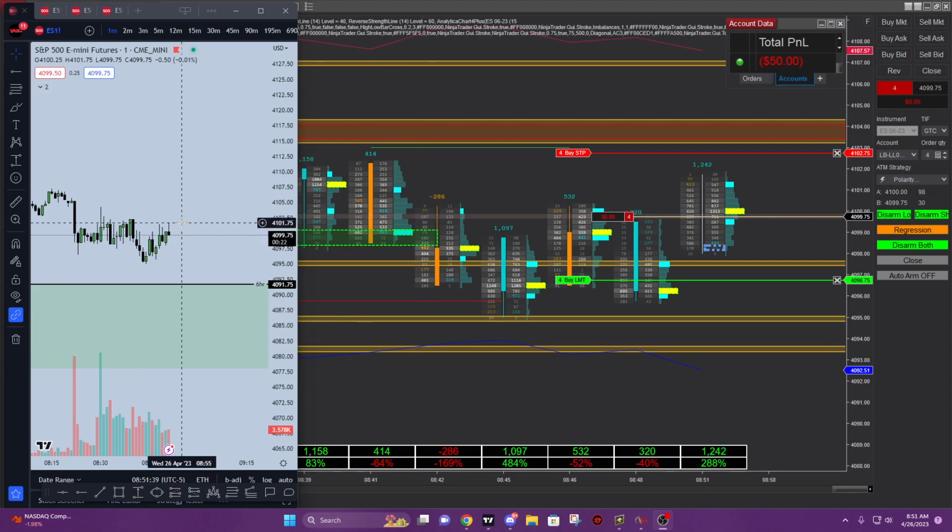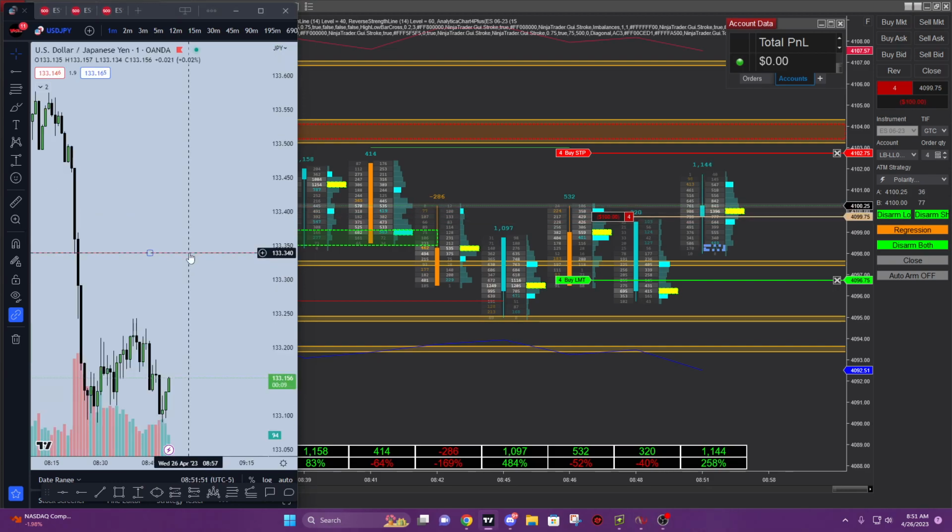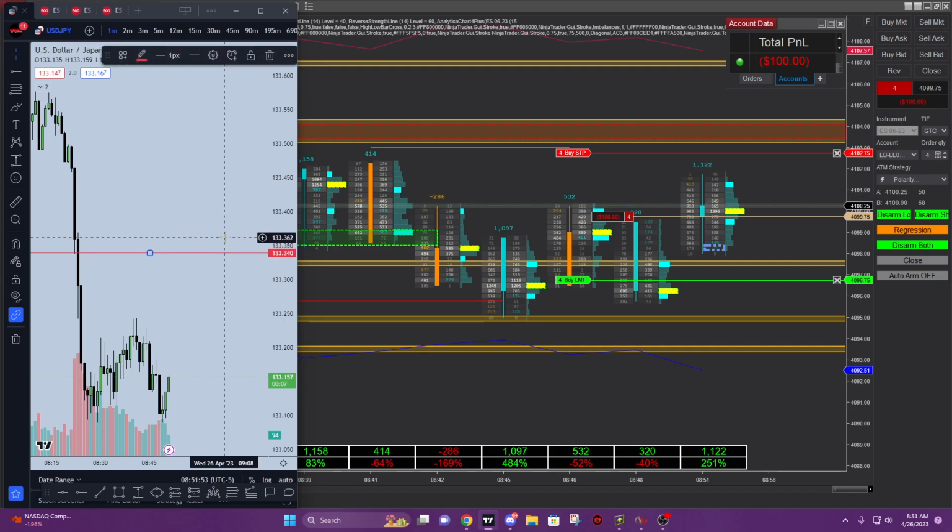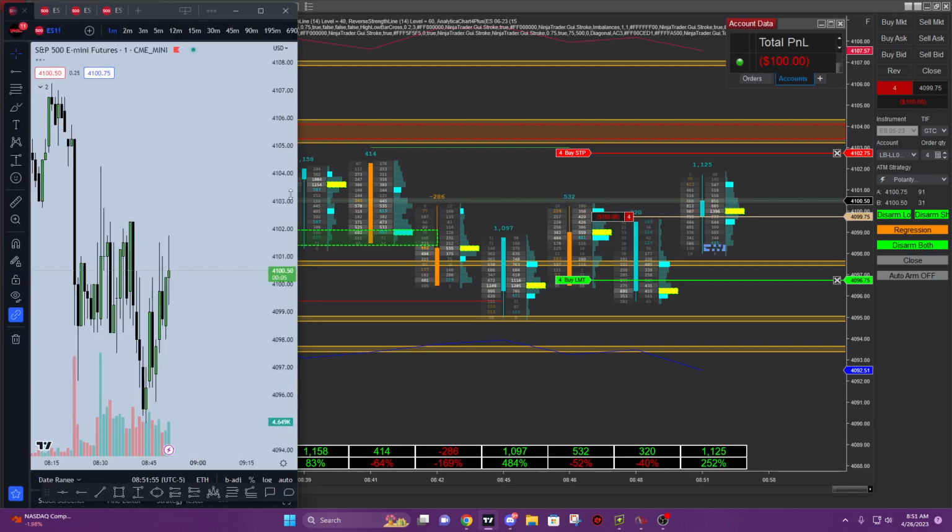Pretty choppy, honestly. Hopefully we can just get a quick flush down to, I'll just mark this out on the chart. Oops, I accidentally switched the chart. Okay.